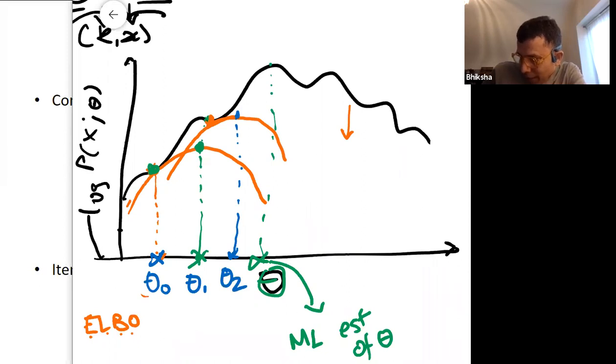And I know that this guy is going to be greater than here. So therefore, this guy is also greater than this value. Now I redraw my elbow function again, and I make it touch at this point. And I maximize my elbow.